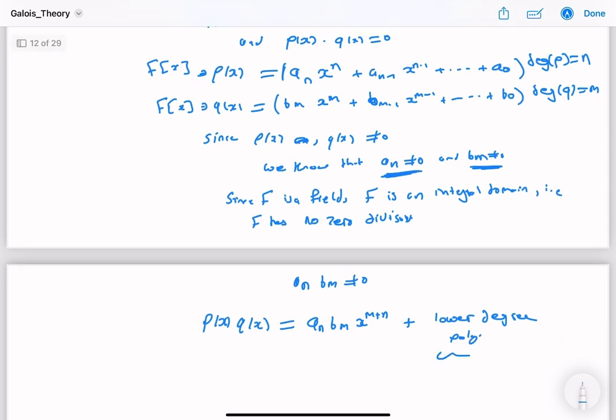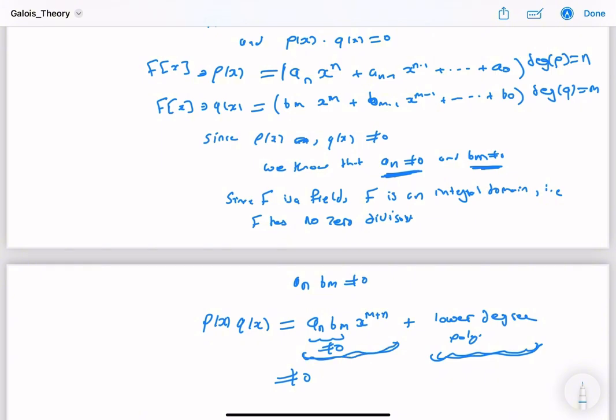However, regardless of what this is, since it's a lower degree polynomial, this can never be zero, because this leading term is not zero. This is not the zero polynomial because there isn't anything here to cancel it, so the whole thing is not zero.